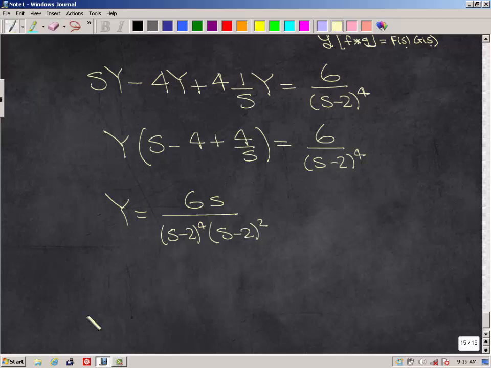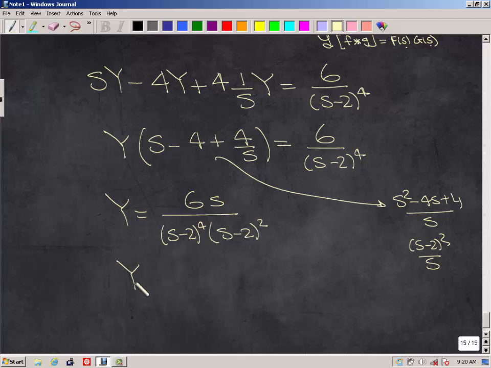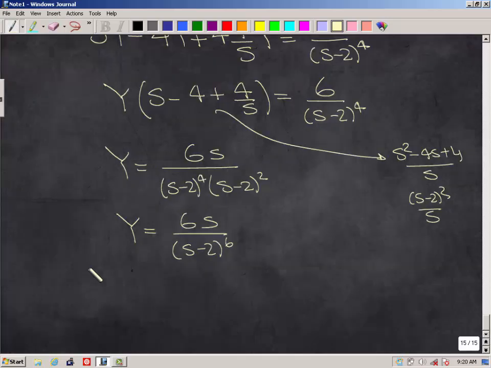Alright. So if you wanted to, you can rewrite this right here. This is just going to be s squared minus 4s plus 4 over s, which is s minus 2 squared over s. So when we cross multiply, we get this. So we get 6s over s minus 2 to the 6. You can do PFT.